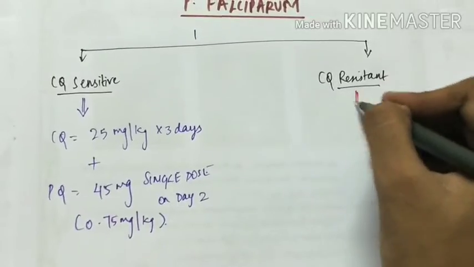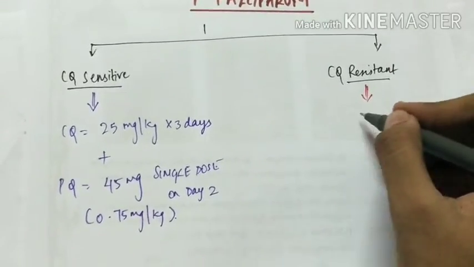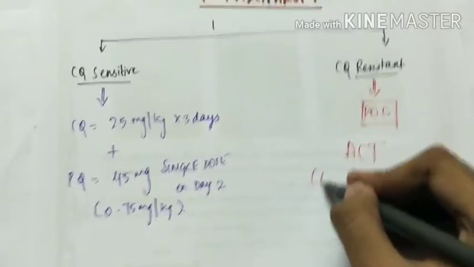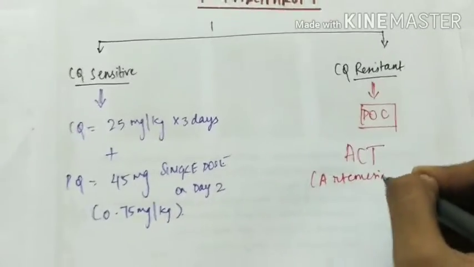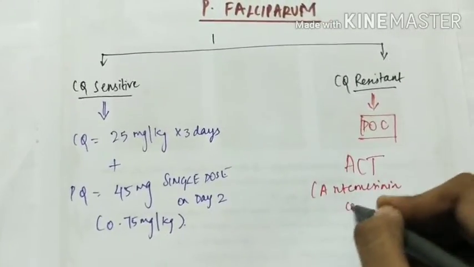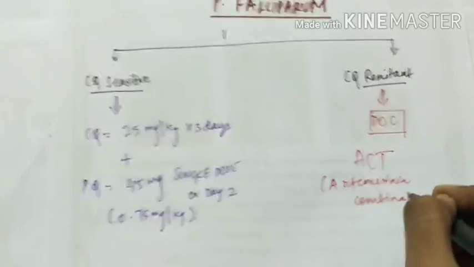If the patient is chloroquine resistant, then the drug of choice is ACT. It stands for artemisinin combination therapy.